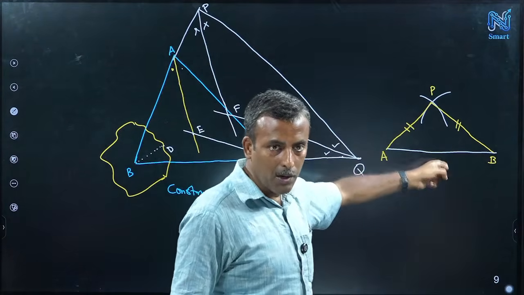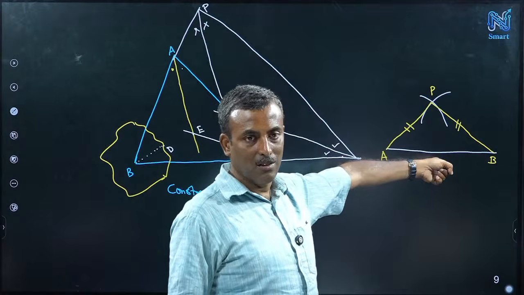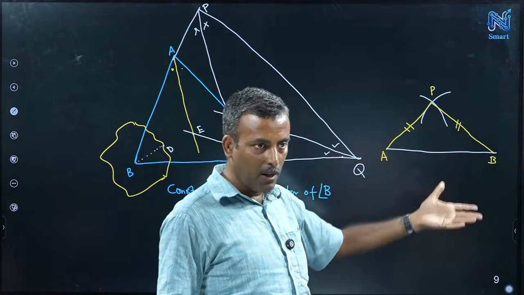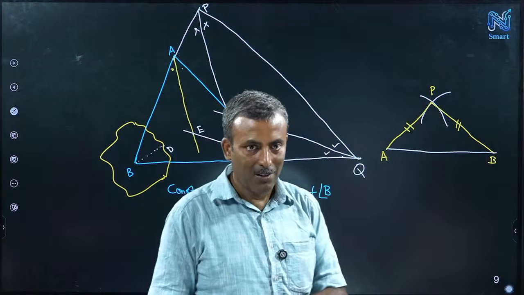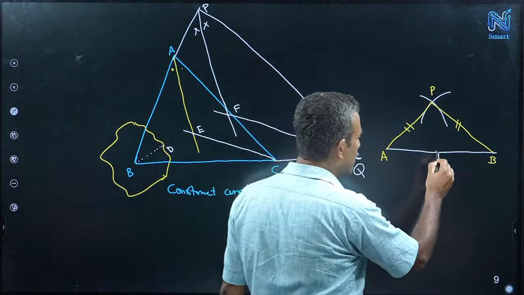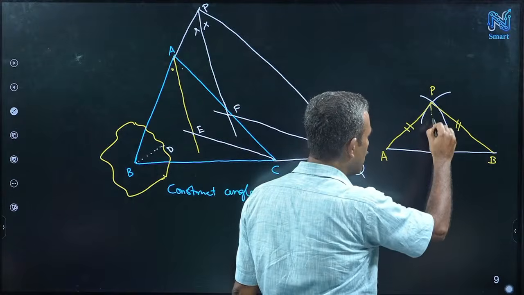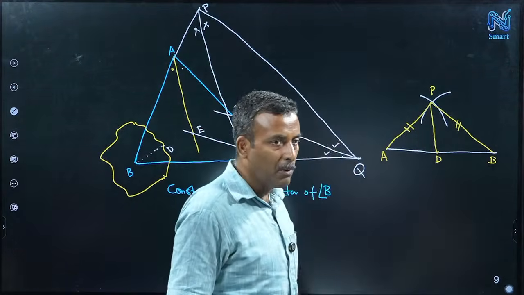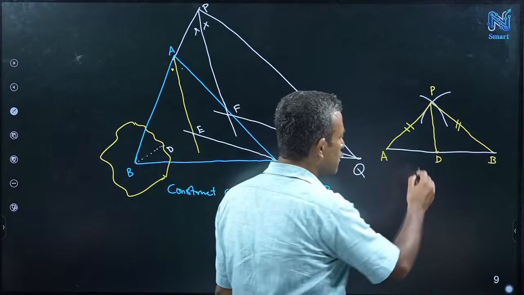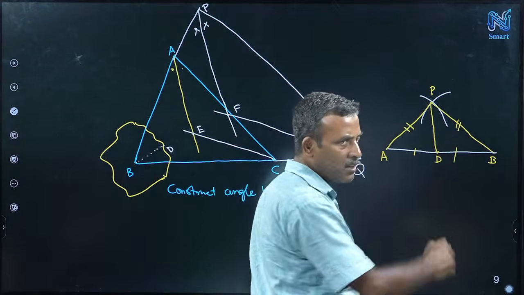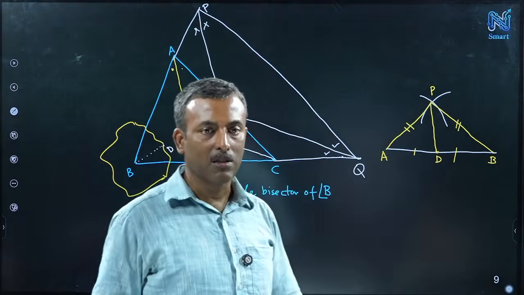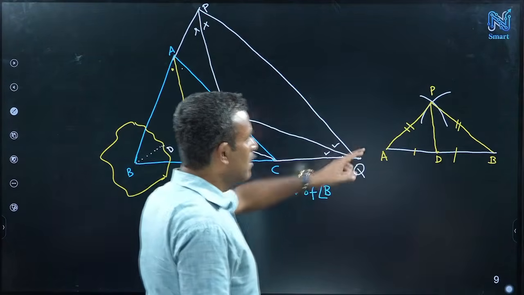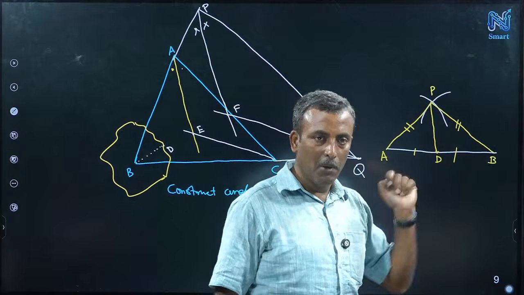Drop a perpendicular and prove that the foot of the perpendicular is the midpoint. This is one way. Or we can join the midpoint with P and prove it is perpendicular. So just take the midpoint D and join PD and prove it is perpendicular. And proving perpendicular is very easy because it is the midpoint. So this is equal to this. So SSS. And if you drop the perpendicular then RHS. So that means P is on the perpendicular bisector.